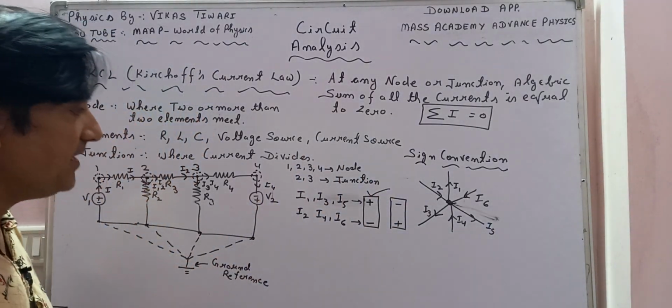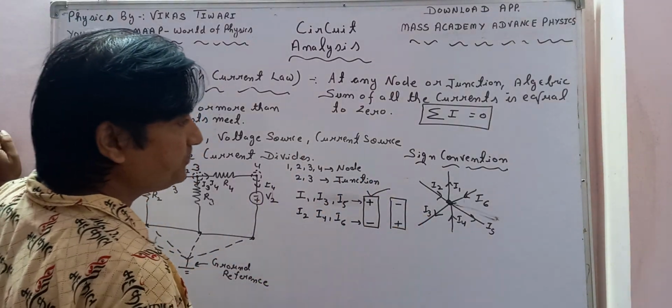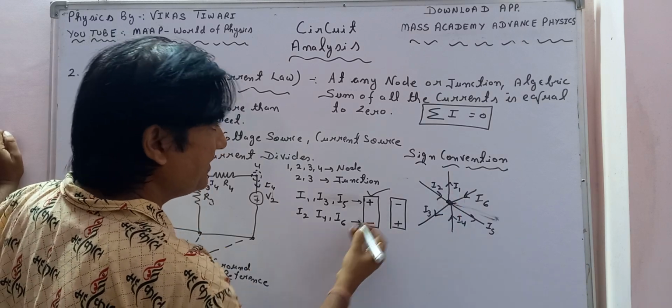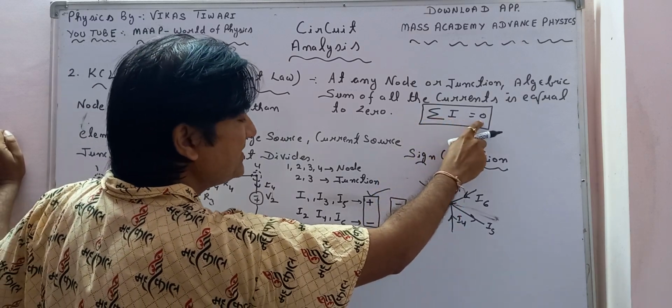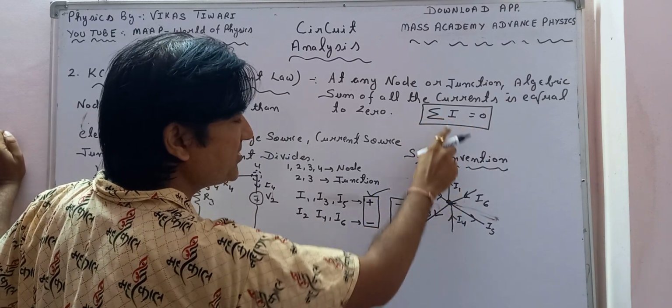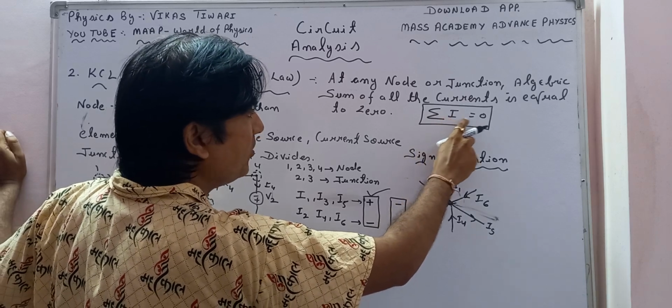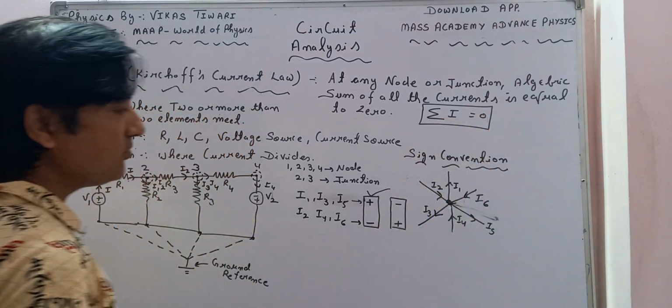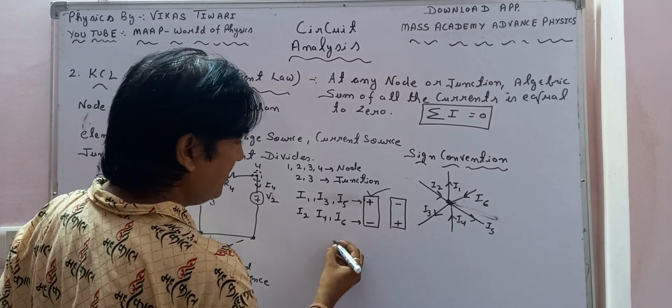If the summation of all the currents is equal to 0 at any node or junction, what will be the value?